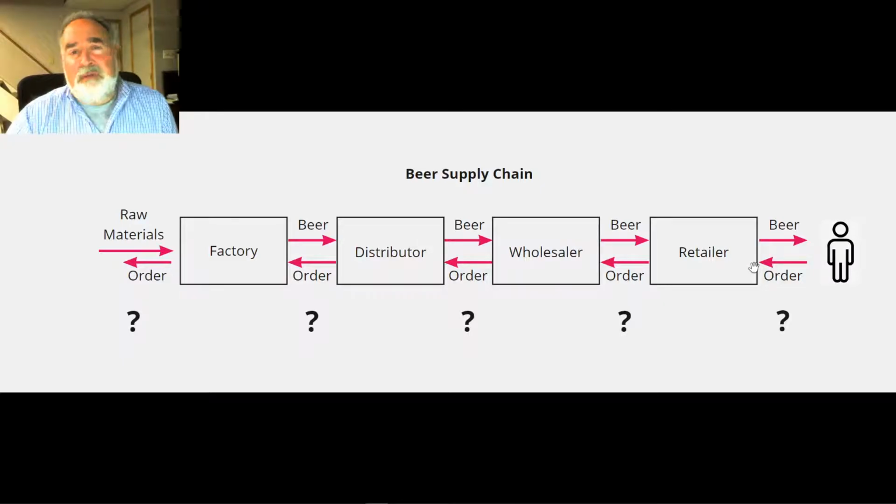Maybe they sort of have an idea of how much they'll need. So they order from the wholesaler, and the wholesaler doesn't know, because the wholesaler supplies several retailers. So all these things are question marks. And when all of this information is question marks, then the individual components of the system have to make a guess. And of course, that can be difficult.